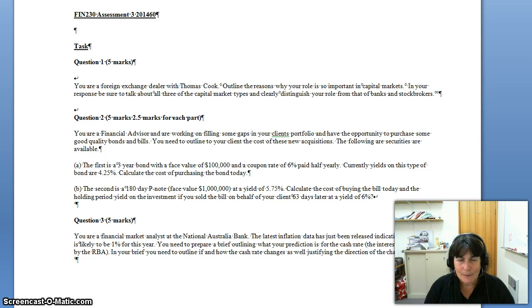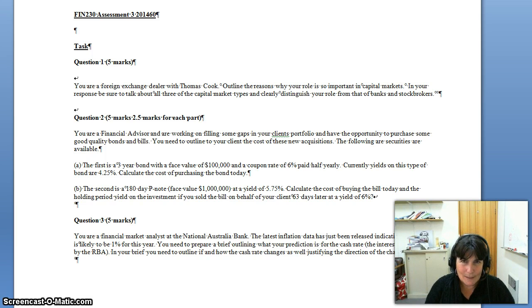And so that's what this question is really asking you about. Okay, the 3 types of capital markets would be auction, over the counter and intermediated, and talk about your role as a dealer within them and distinguish yourself from a stockbroker. So really that's what that task is about.